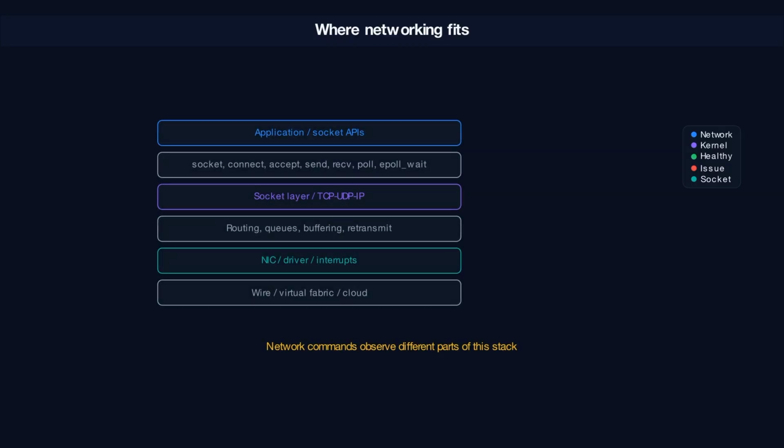Below that, the network interface card and physical or virtual network path carry packets outward. So Linux networking sits at the boundary between application I/O, kernel packet processing, and the actual network path. Network commands help you observe different parts of this stack.